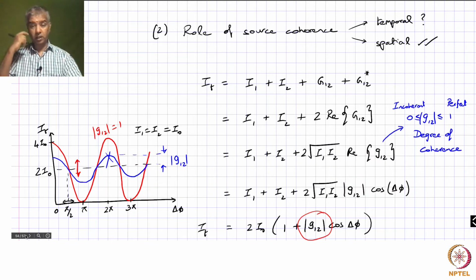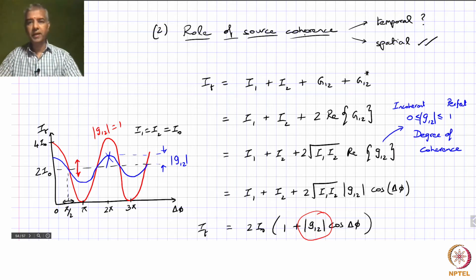So we started talking about the role of source coherence, and we said coherence could be defined in terms of spatial coherence or temporal coherence. And of course, in a single mode fiber, you don't really have to worry about spatial coherence because you're starting with the fundamental mode, and you remain with the mode through the interference process.